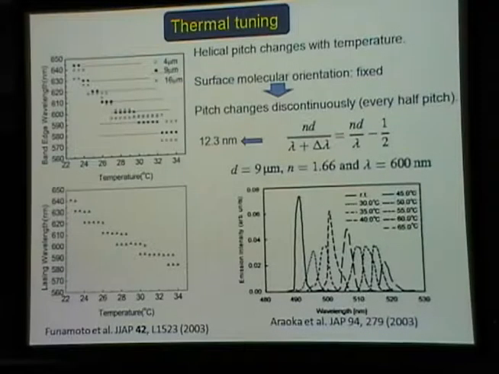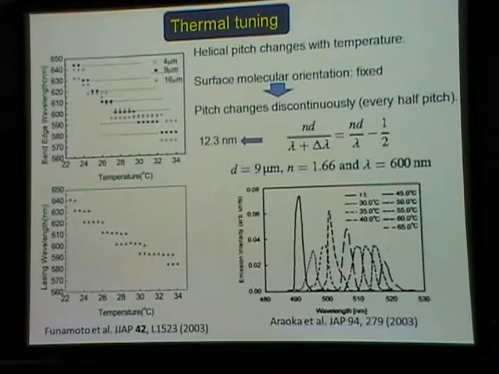Okay, first, thermal tuning. This is very old data. By changing temperature, the lasing wavelength changes. It looks like it changes continuously. However, this is not true. Of course, the helical pitch changes with temperature, but the molecules are fixed at the surface, so the pitch cannot change continuously.